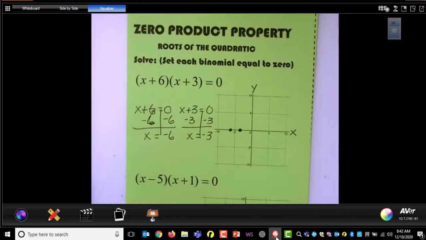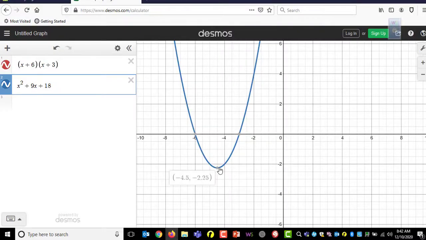Now, I just want you to make a sketch. I'm going to go back real quick, and that will just help me where we're going to learn about this. This is a minimum. We're at -4.5, -2.25. So I'm going to plot that point just to help me sketch it.